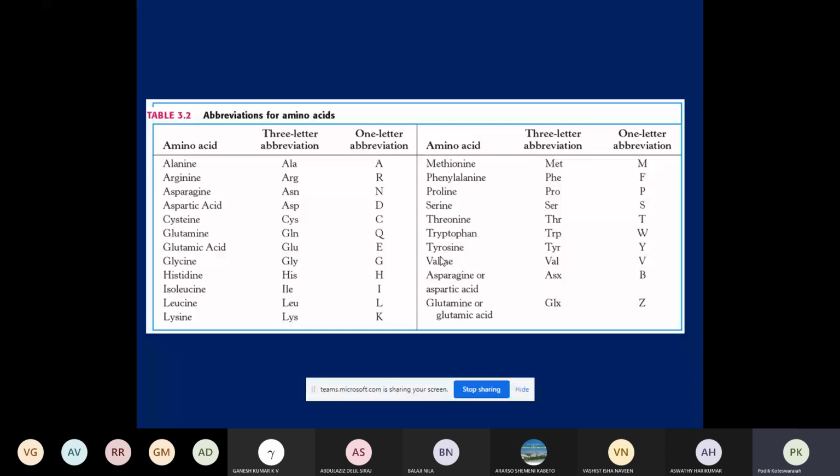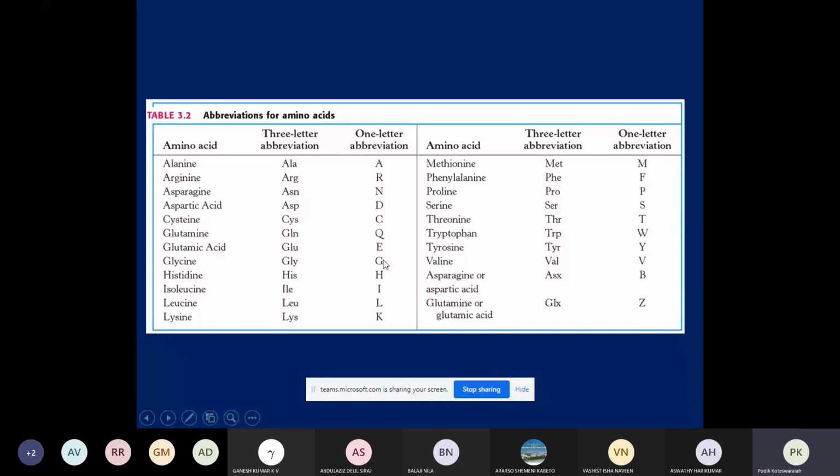Then all these amino acids have a 3-letter code as well as a single letter code, and you should understand the 3-letter code and the single letter code for all these amino acids. For most of the amino acids, the 3-letter code is the first 3 letters of the name of the amino acid, and the single letter code for most of the amino acids also starts with the first letter of the amino acid, but for some amino acids it is different.